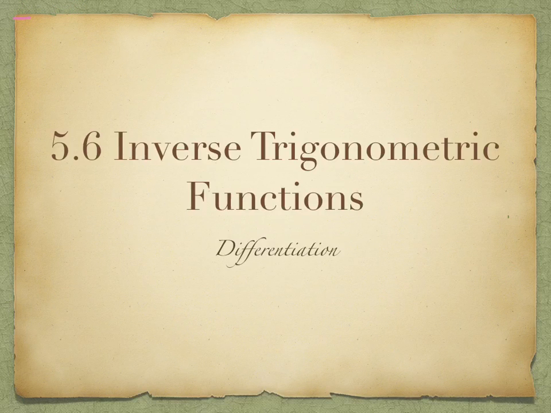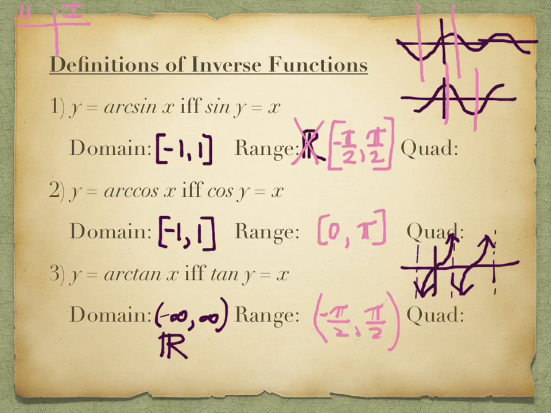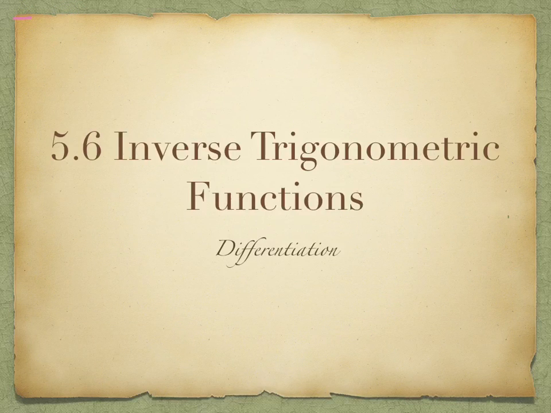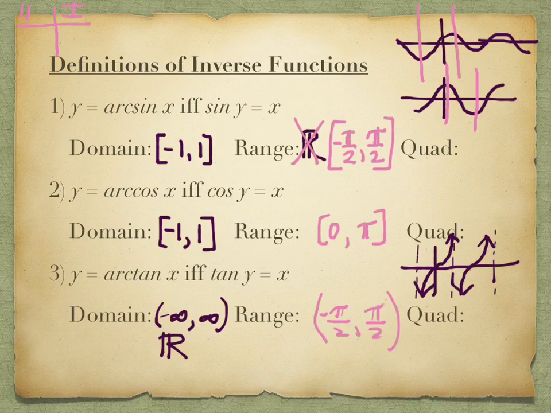Here's quadrant 2. Here's 3. And here's 4. So what quadrant is it? 1 and 4. Yeah. So why is it 4?